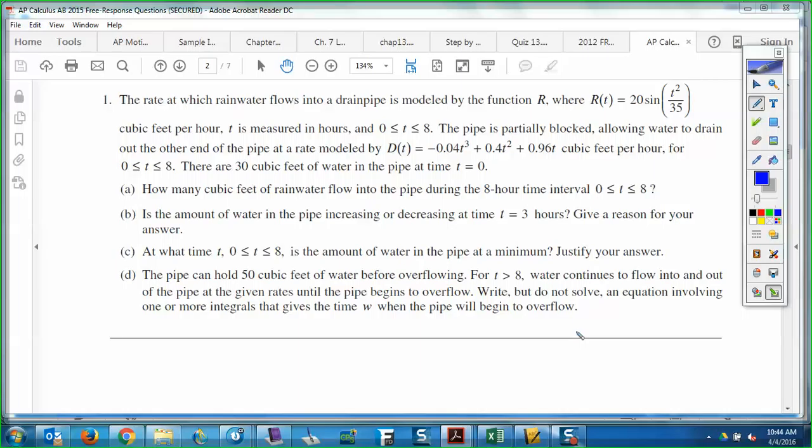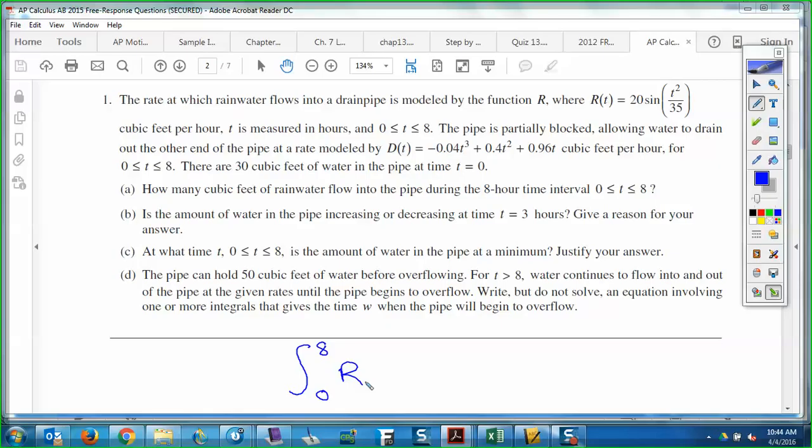So if I did the integral from 0 to 8, I don't know if you want to write this down yet, of big R, tell me what that would give me. I mean, don't give me the actual number. Explain it to me. I don't like the word through there, but you're close. She said, how much water flowed through the pipe in 8 hours?